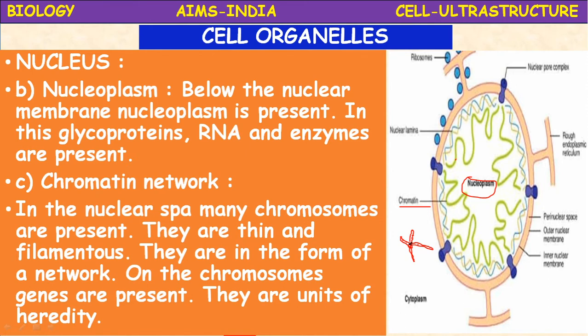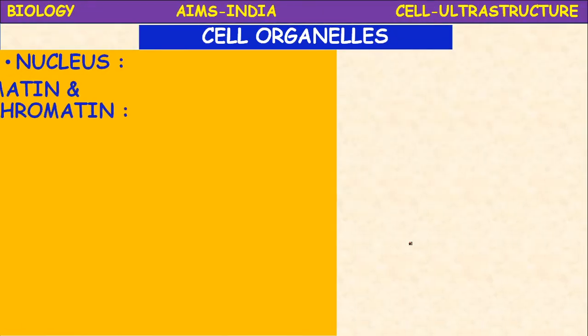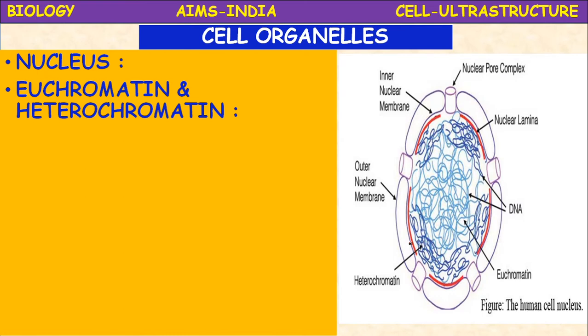The functions of the nucleus we will discuss later. Let us proceed. This chromatin material is divided into heterochromatin and euchromatin. So this is the chromatin material, thread-like structures, which we call DNA.